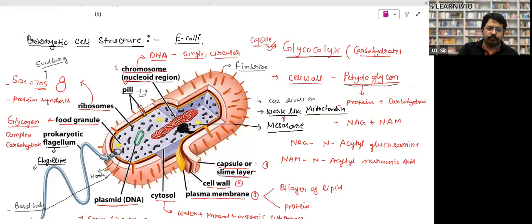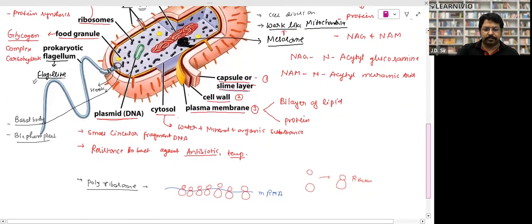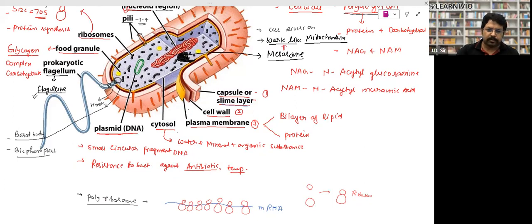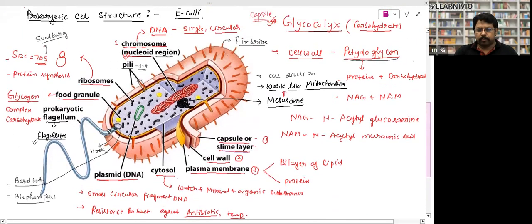There may be 1 to 4 flagella in a bacteria. Flagella provide movement, so they help in the movement. And then DNA, cytosol, we have already discussed. Flagella originate from a root-like structure that is called basal body or blepharoplast. Right. So you have to remember NAG, NAM, glycocalyx, peptidoglycan, right?